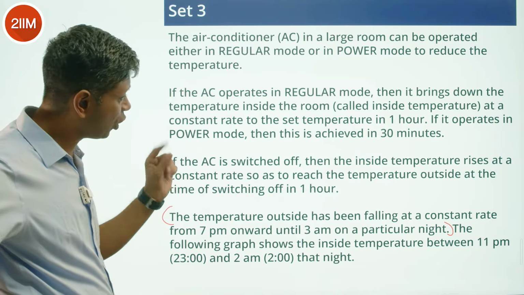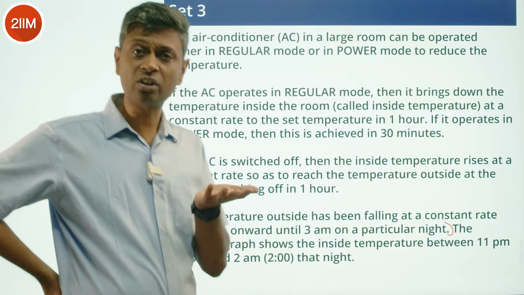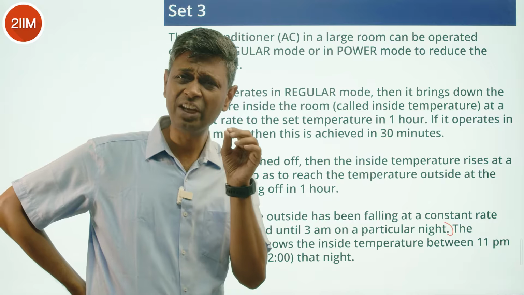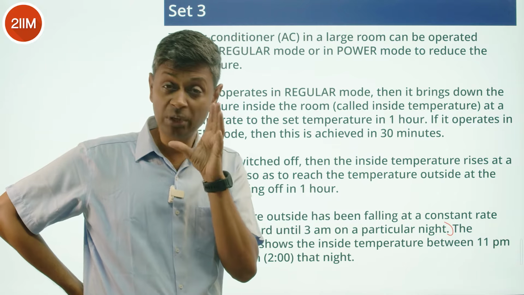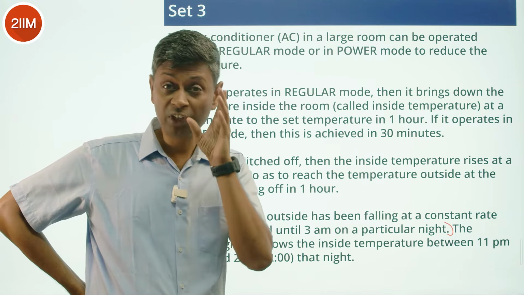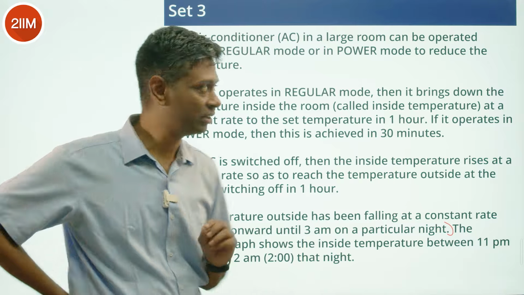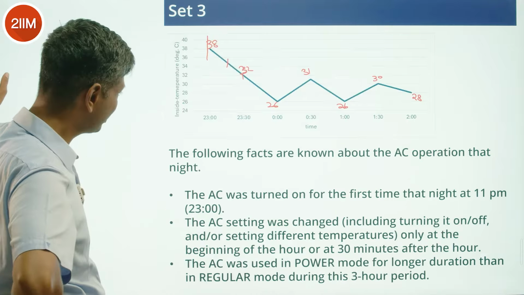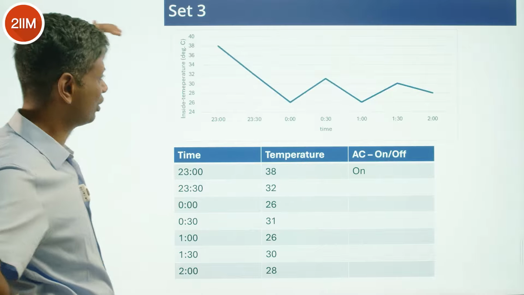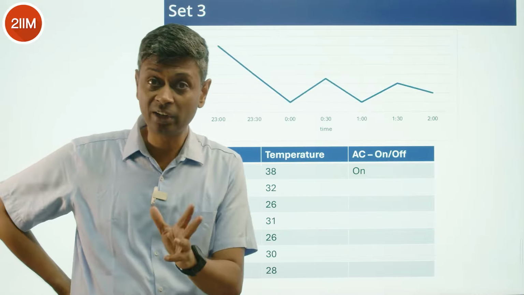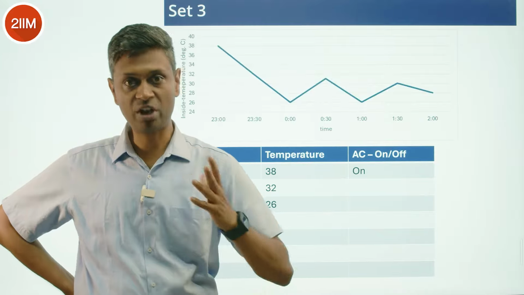If the AC is switched off, then the inside temperature rises at a constant pace. One very, very interesting, very seemingly obvious, but something we need to verify very well here is when the AC is on, the temperature drops either at the regular rate or at the power rate. It's fast.